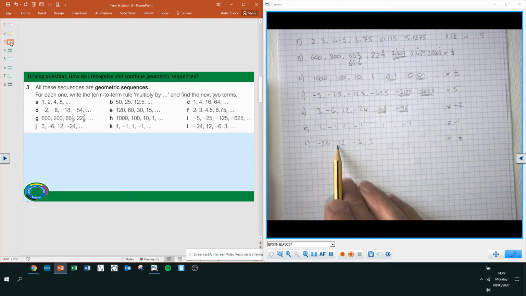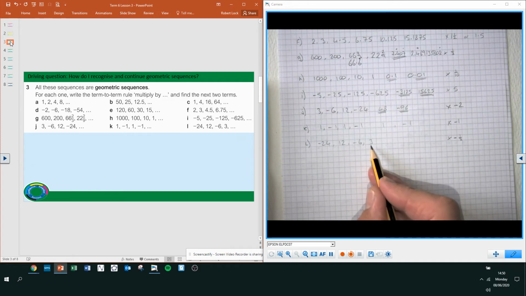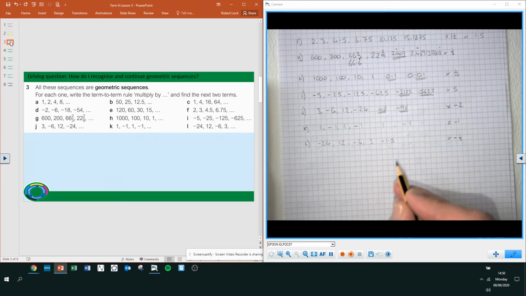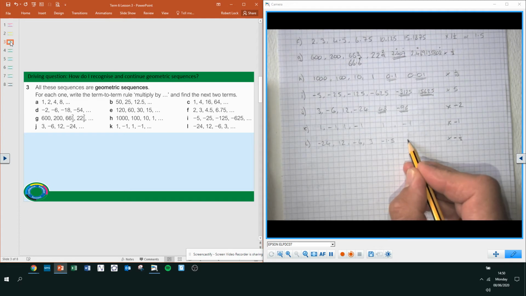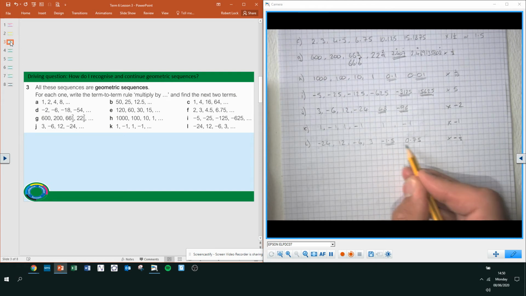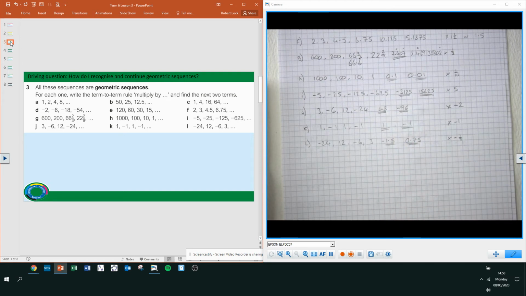We have a negative and a positive, negative, positive, so our answer will be minus a half. So 3, half of 3 is 1.5, it would be minus 1.5. Half of that will be 0.75. There's the answers to question 3.